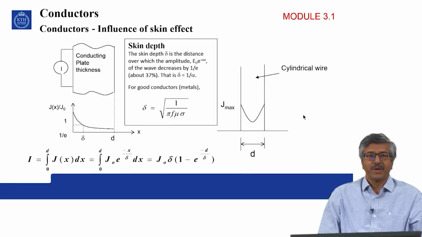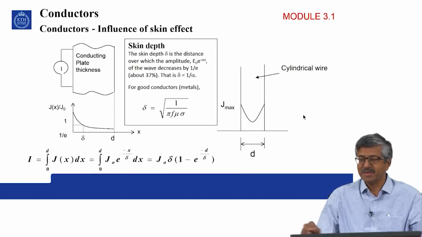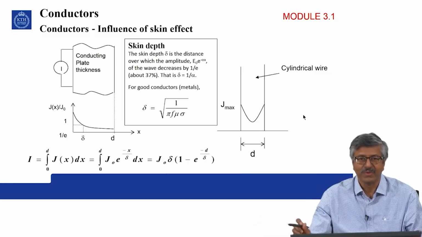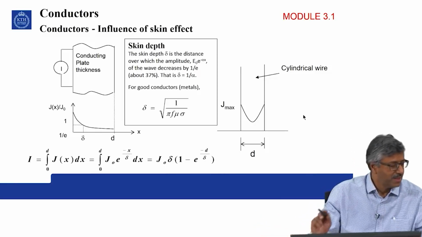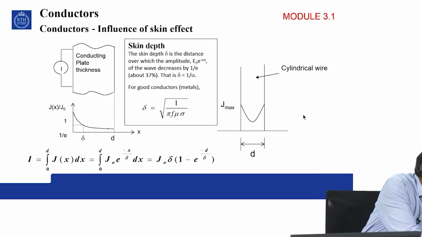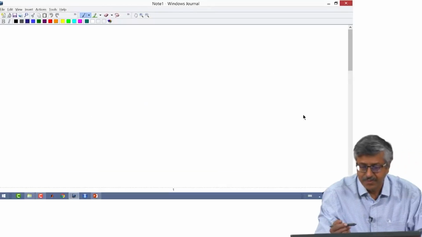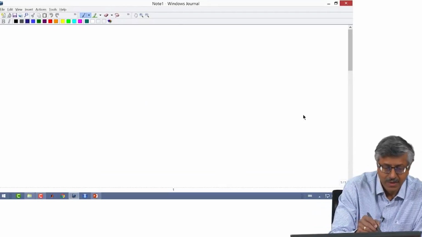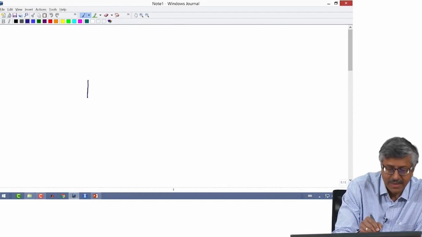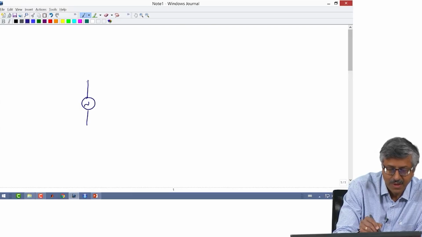Now, before talking about conductors, I will try to illustrate what I mean to achieve in this chapter. Take a case of a source.